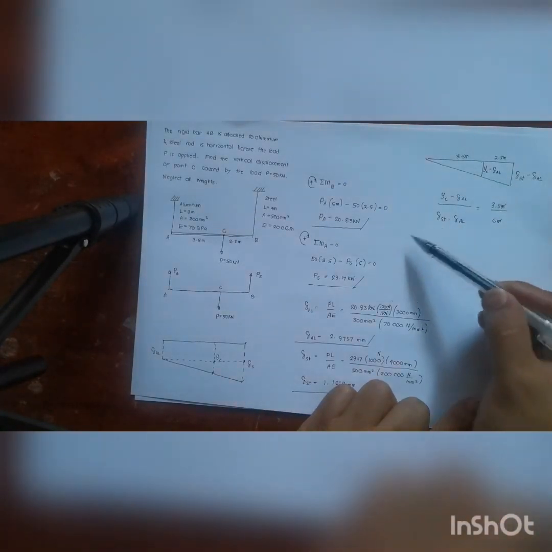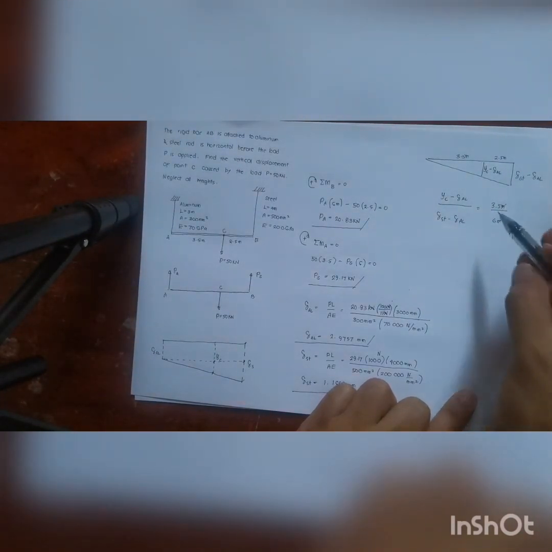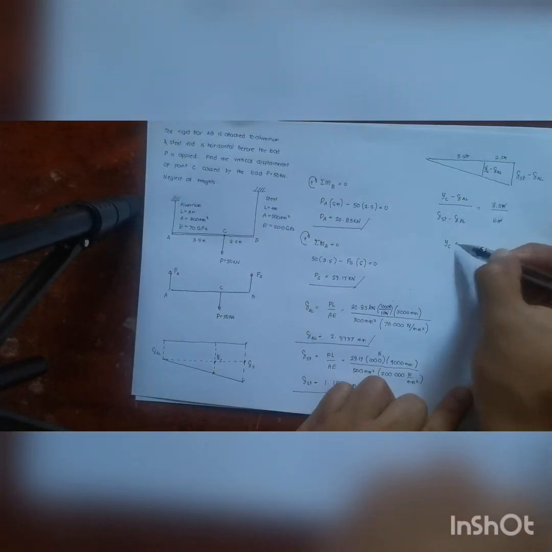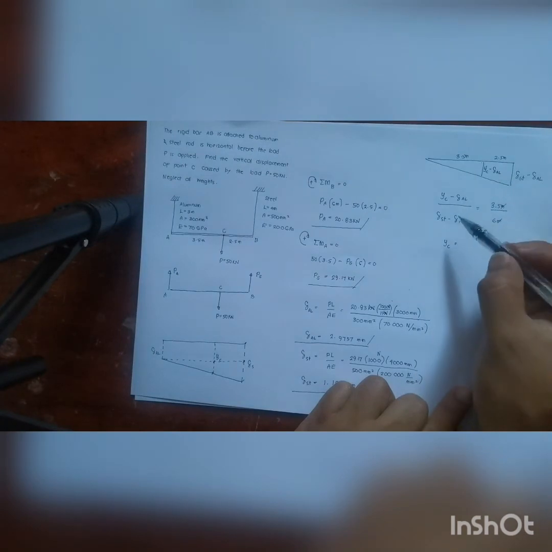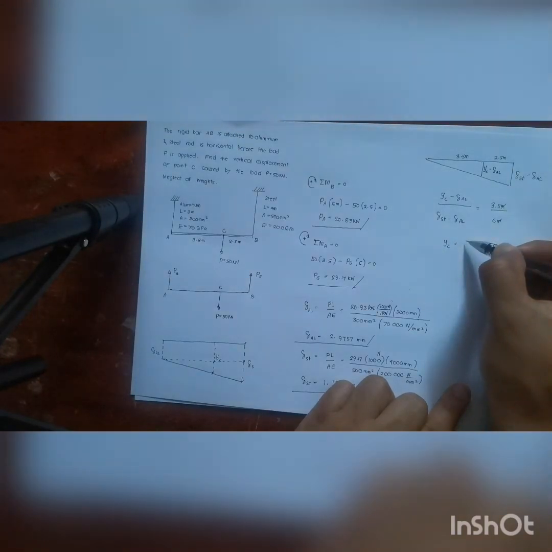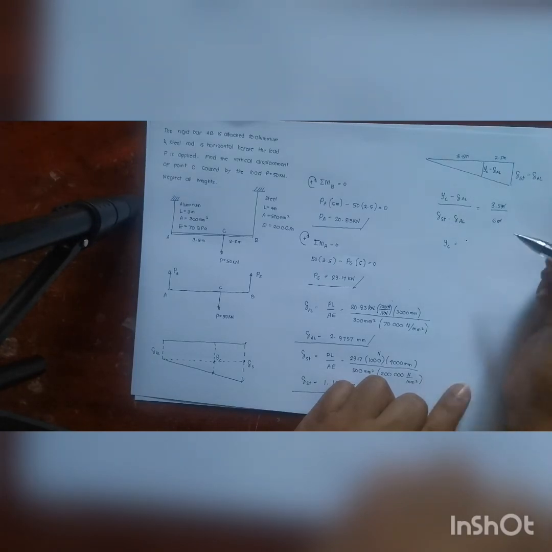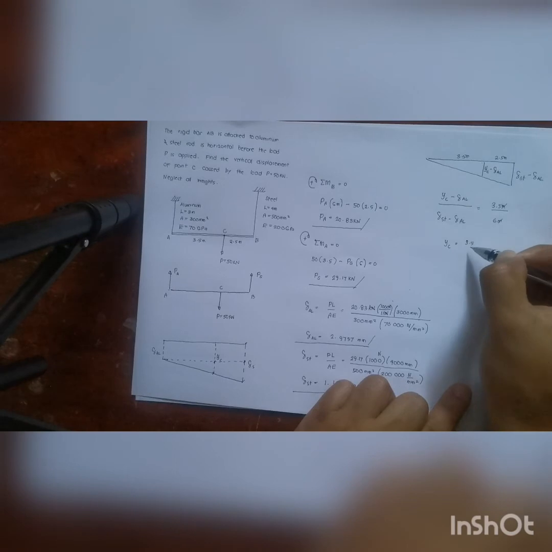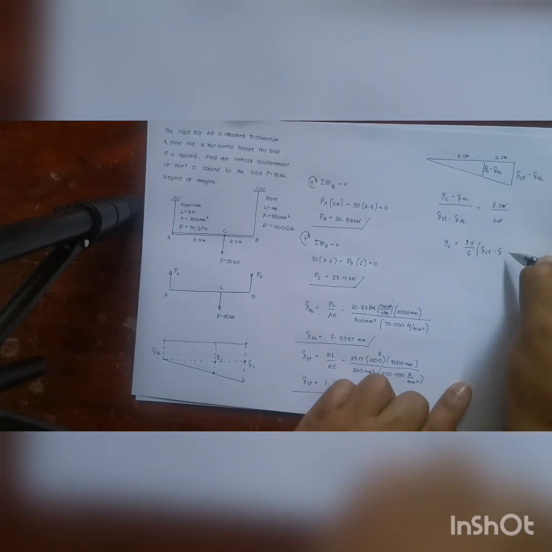So, ilipat lang po natin lahat ng parameters sa kabilang equation. Ang matitira lang po dito dapat ay yung y of C. So, y of C is equivalent to, by ratio proportion, or by cross multiplication, that will be 3.5 over 6 multiplied by the deformation of steel minus deformation of aluminum.